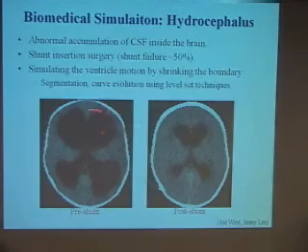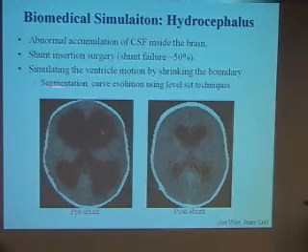Take this one, and then I segment, hopefully you can see it, the boundary of this ventricle, and then we perform some numerical algorithm to advance the curve inside. Unfortunately, it's not very clear. The red curves here, and then after a while we get this shape, and then use this shape to predict what's going to happen.